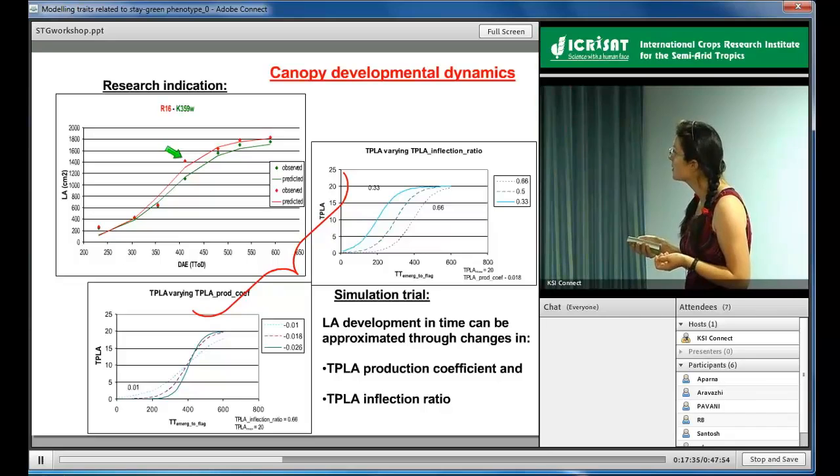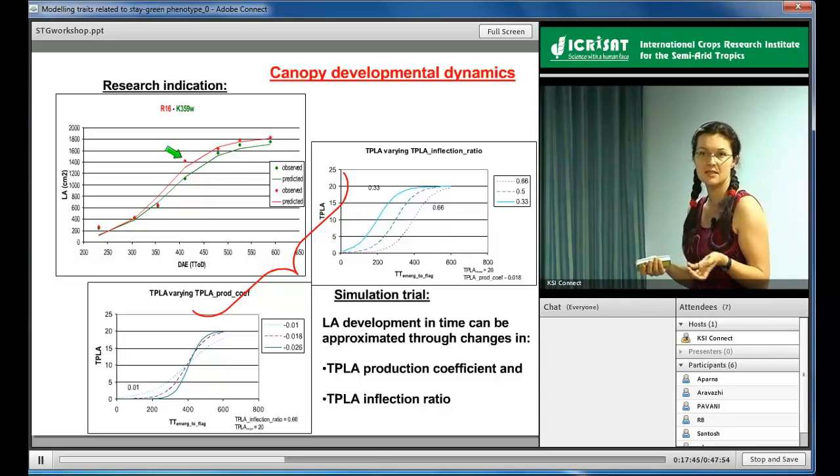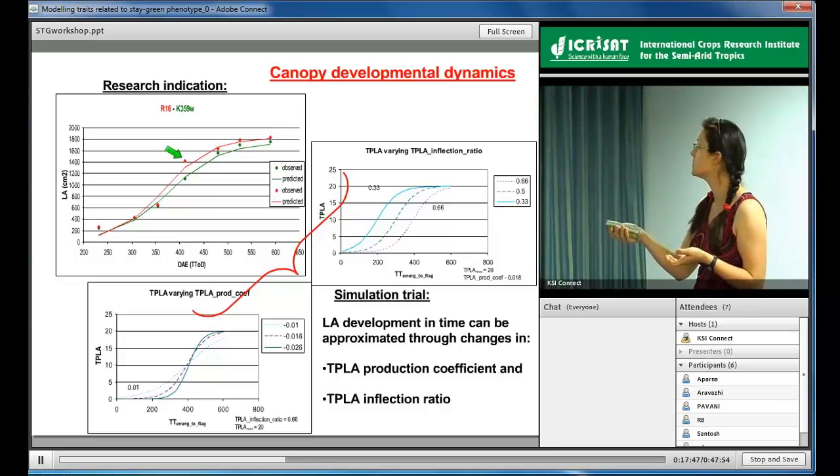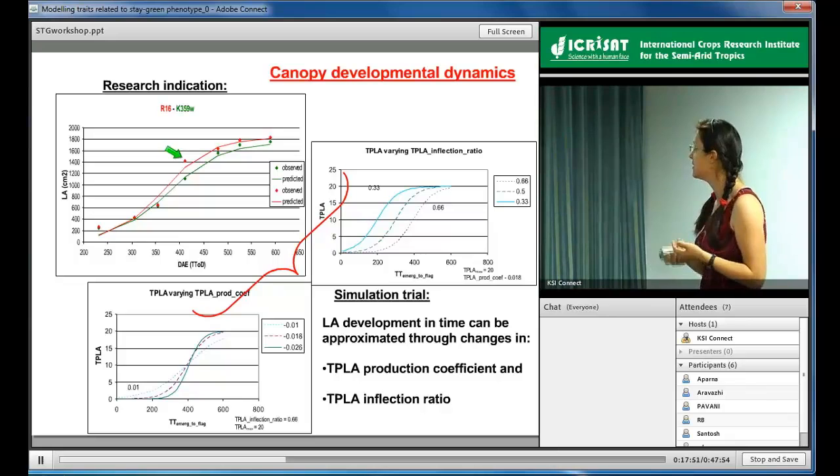So we were interested to mimic this canopy developmental dynamics and to see what will happen with the yield of such a line which would possess this mechanism. So again, in UpSim, we can reflect this variability using various coefficients.